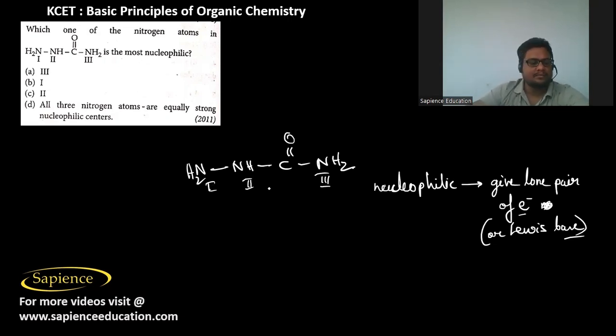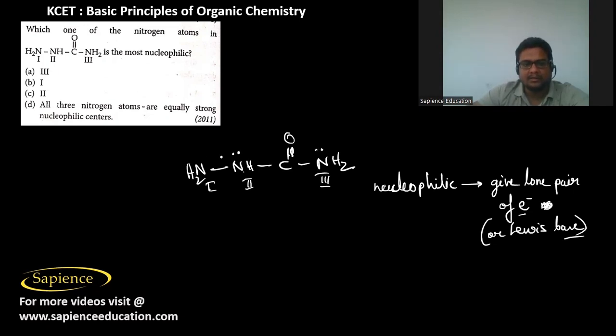So since here the carbonyl group is attached, resonance can be formed with these two lone pairs on the nitrogen atoms.